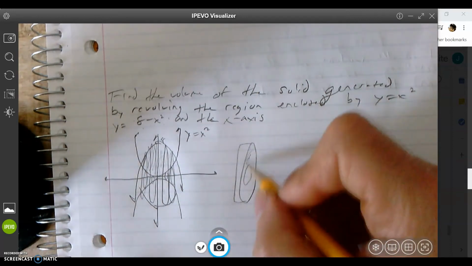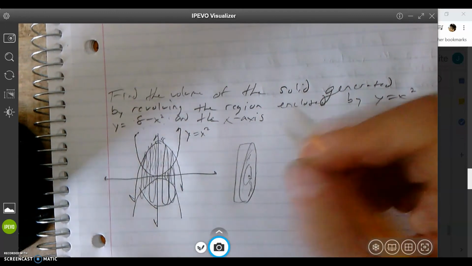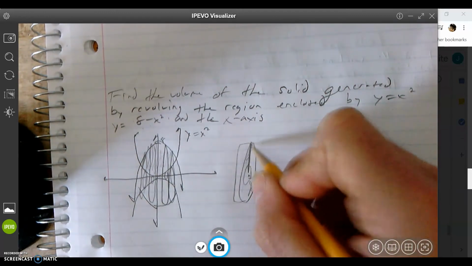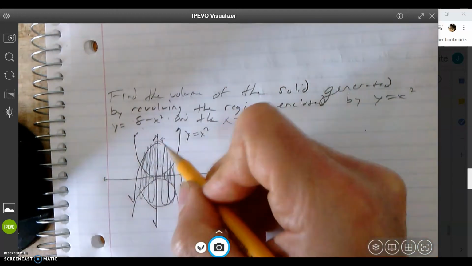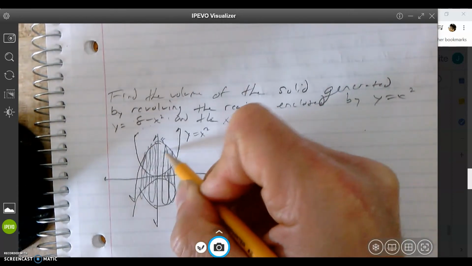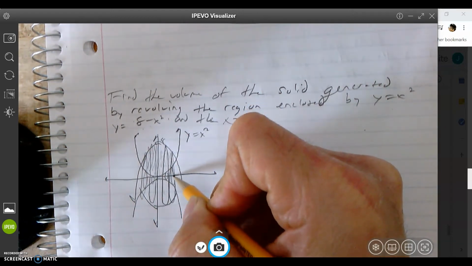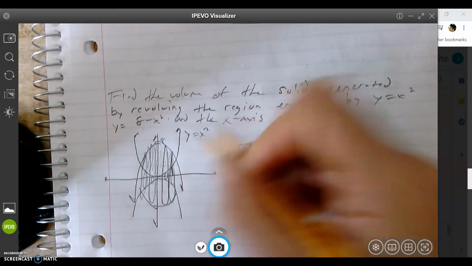So that's the area of the big circle minus the small circle we're taking out. So the radius of the big circle. I always like to do one on the outside because it's a little more clear than one on the inside. So this is this graph to the origin.